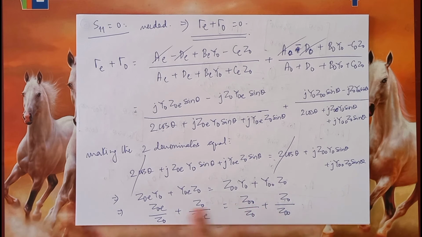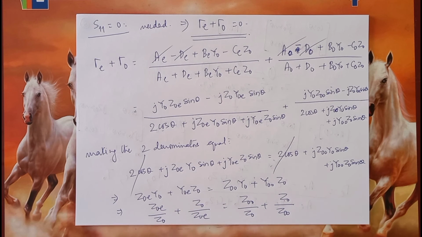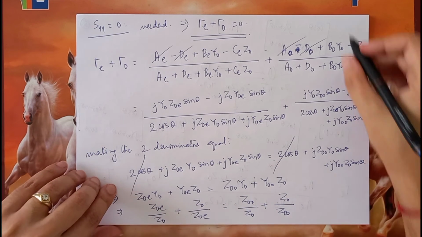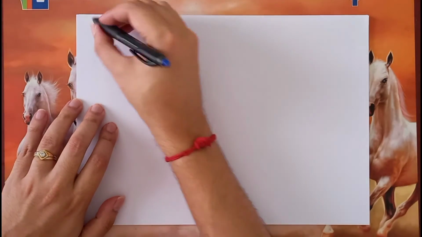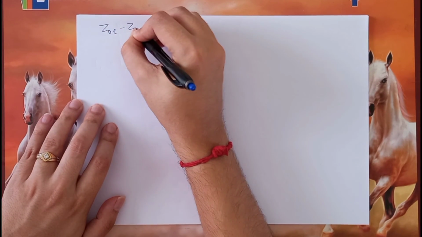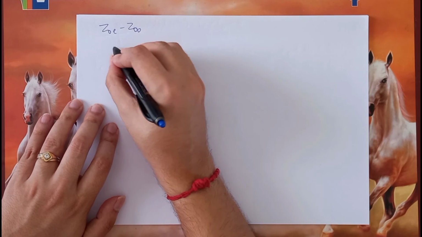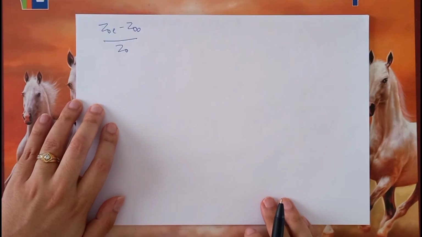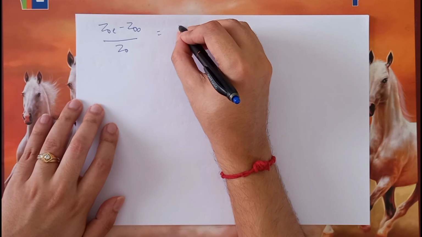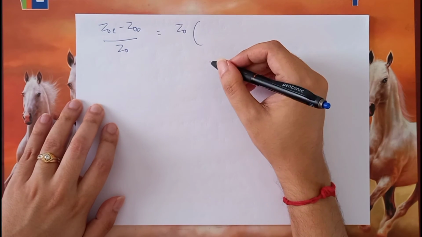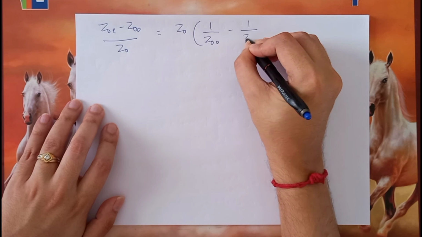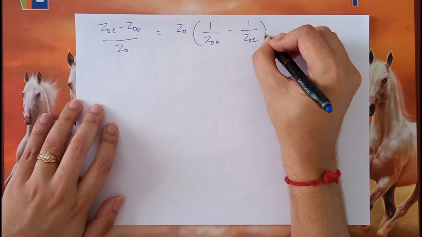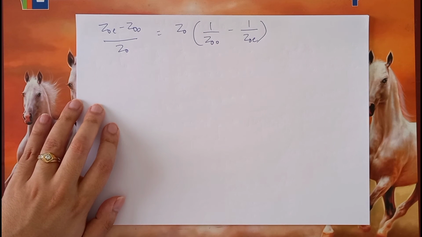So we will bring this one over here and this one over here. So what we will get now would be Z0E minus Z0O divided by Z0 would be equal to Z0 times 1 by Z0O minus 1 by Z0E. I think this is what we will get.